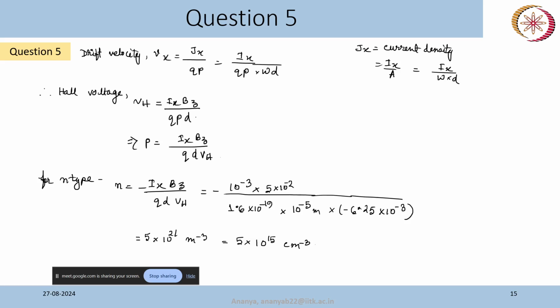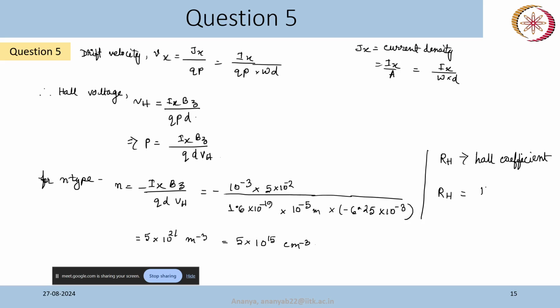In questions, it may be given as the Hall coefficient RH. I think in one of your assignment questions, the Hall coefficient value is given. So RH is basically the electric field due to the Hall effect divided by current density into magnetic field.